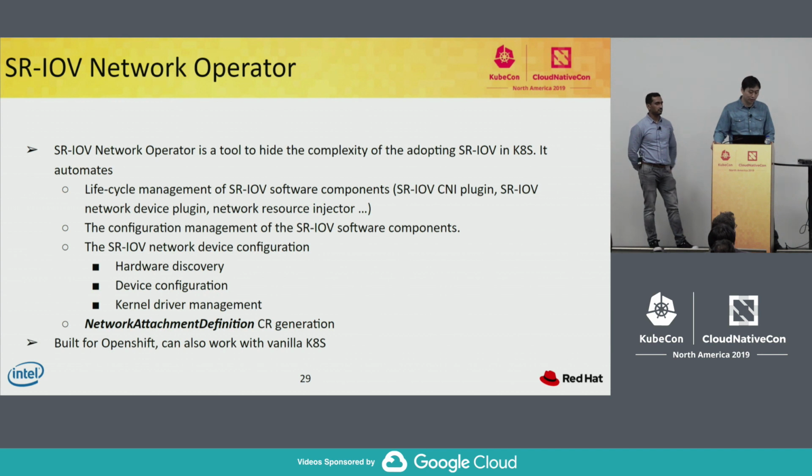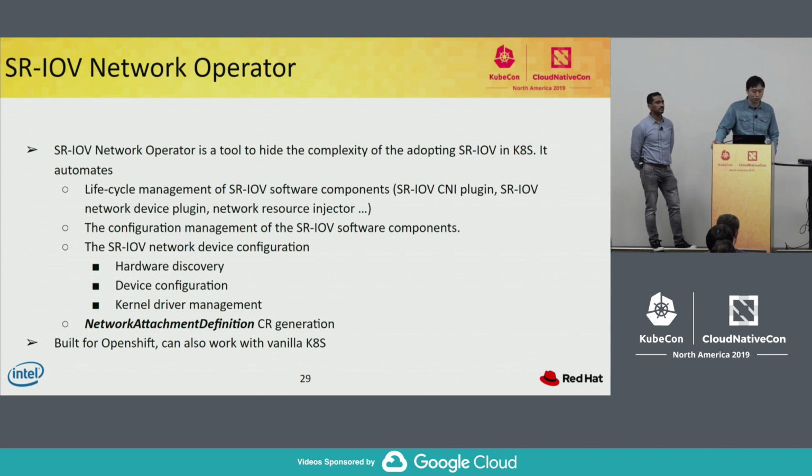The SR-IOV network operator will help you to configure your SR-IOV hardware on the node. It also discovers all the SR-IOV capable interfaces in your worker nodes. And in the end, it can also load different types of kernel drivers on your node.